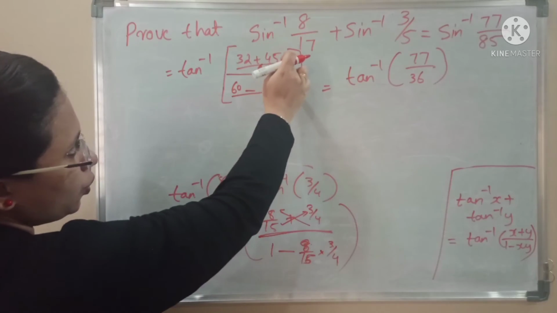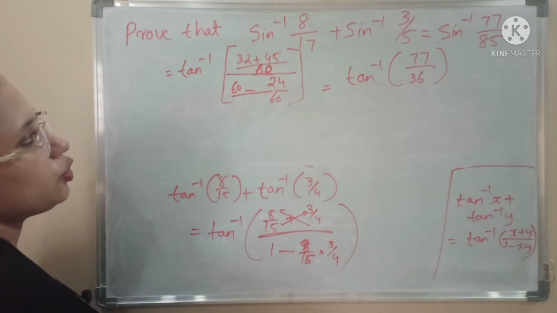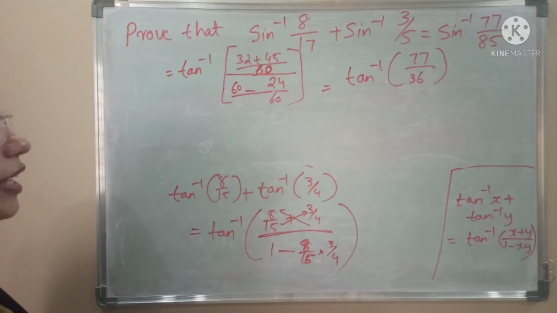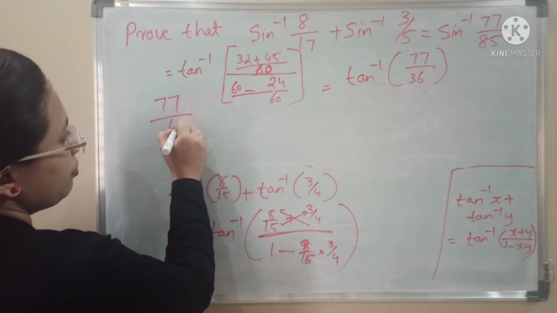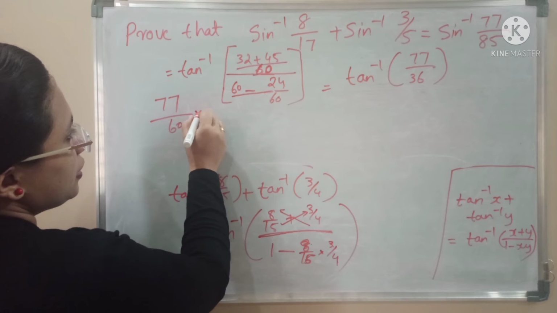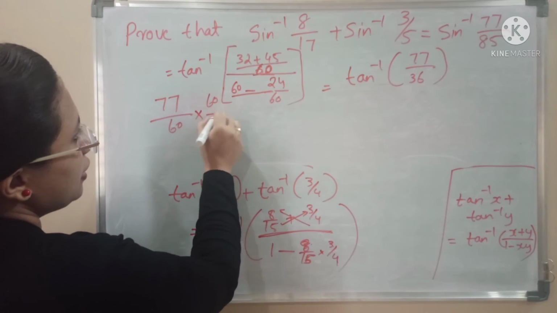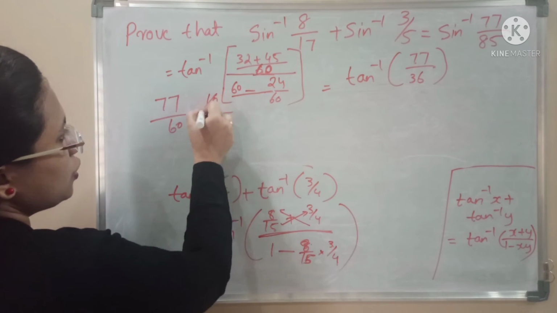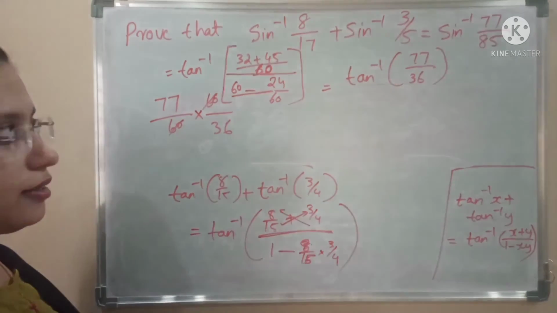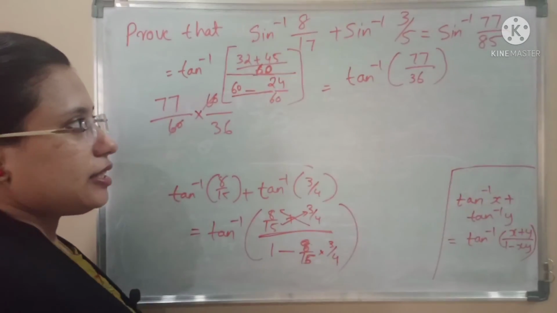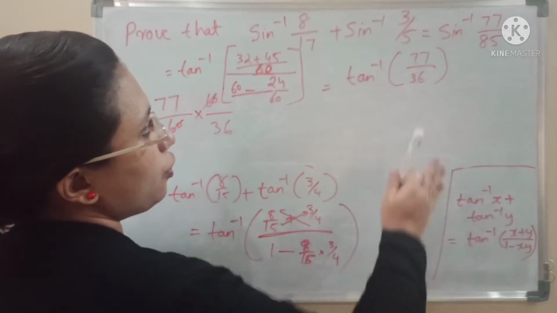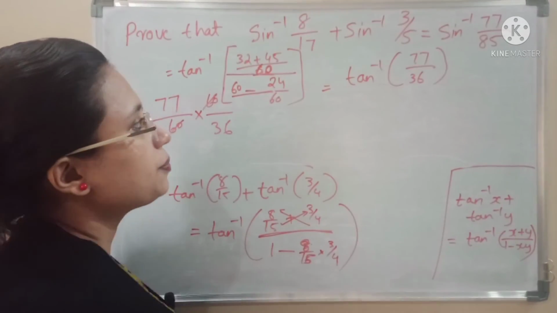Since both the denominators are the same, we can take the reciprocal. So it will be 77 divided by 60 times 60 divided by 36. So 60 and 60 will get cancelled. You will get this value. Now still we didn't reach sine, right?